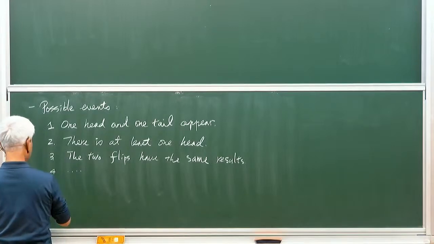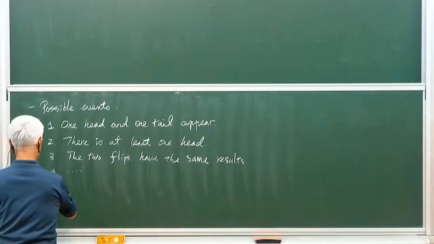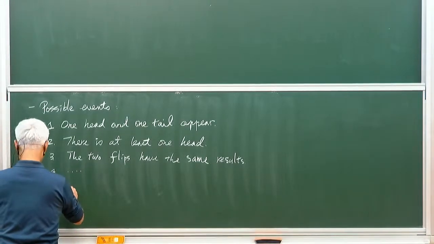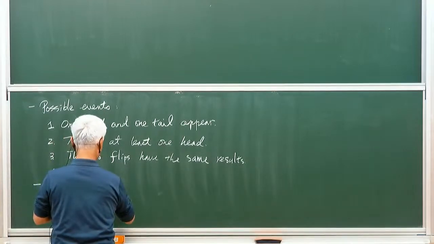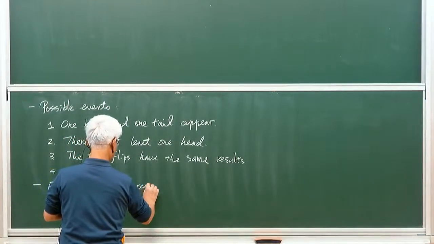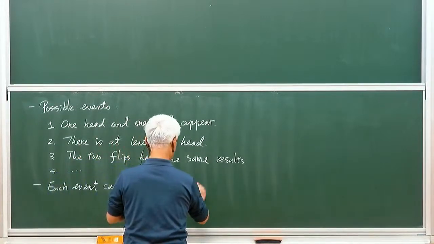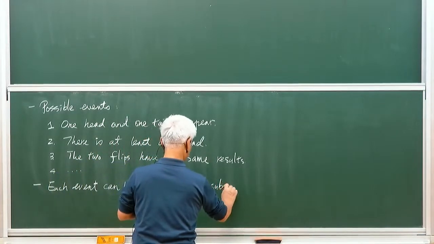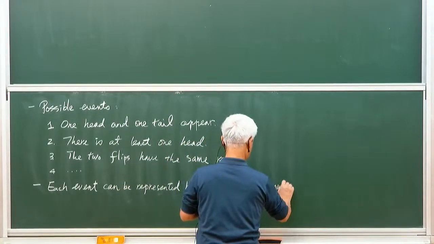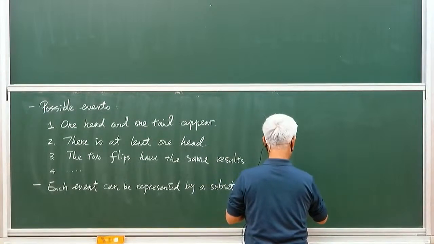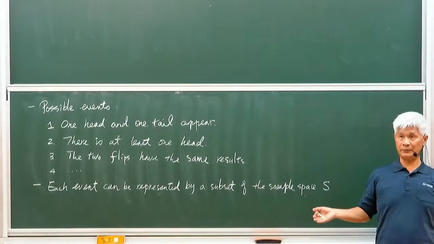Now, this is the verbal expression. And because we want to establish a mathematical model, as you can see, each event can be represented by a subset of the sample space. Why? Because the sample space consists of all possible outcomes.